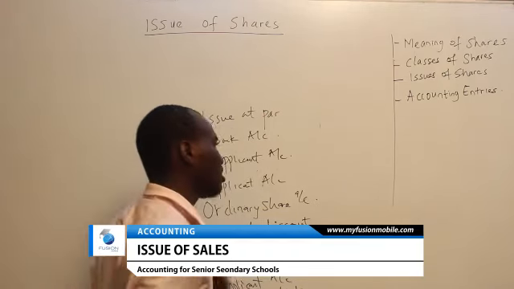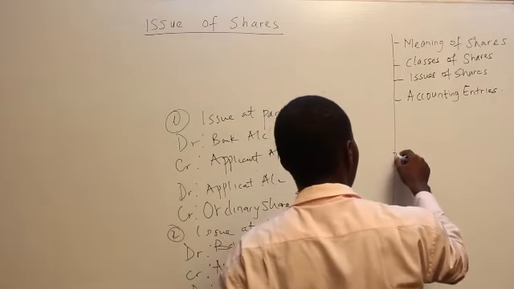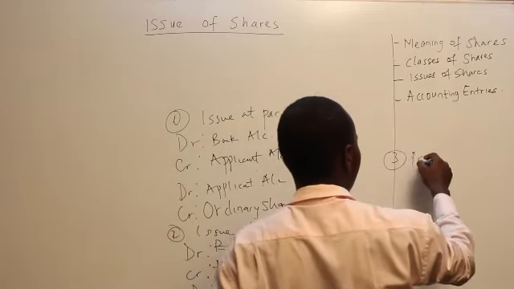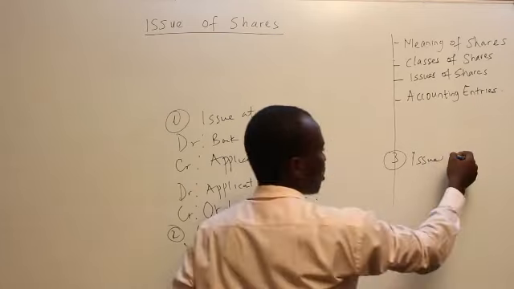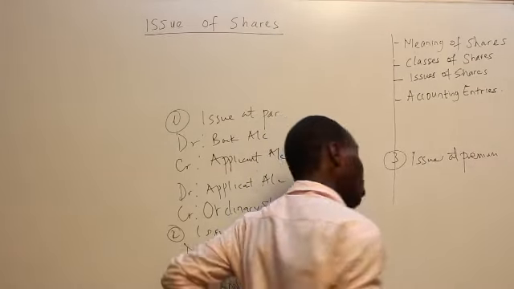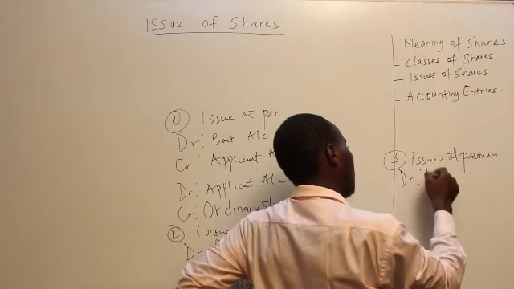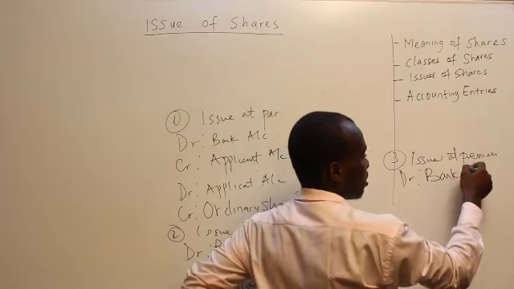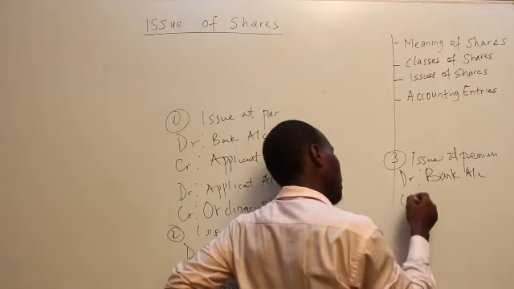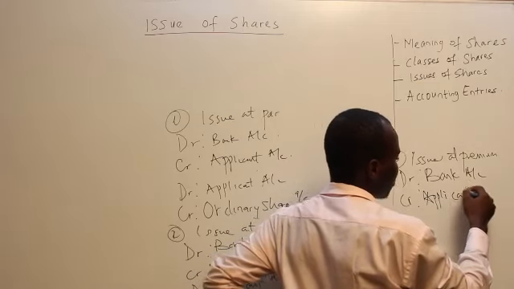Now the next thing is, if the share is issued at premium, the first thing is, if money is received on application, we are going to debit the bank account and credit the applicant account, just like in the other methods.